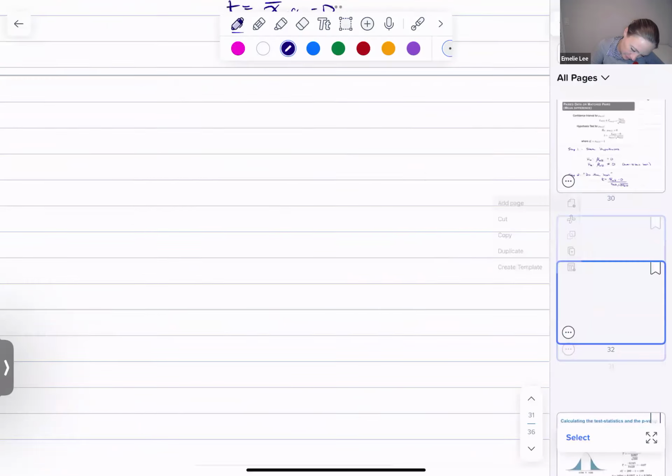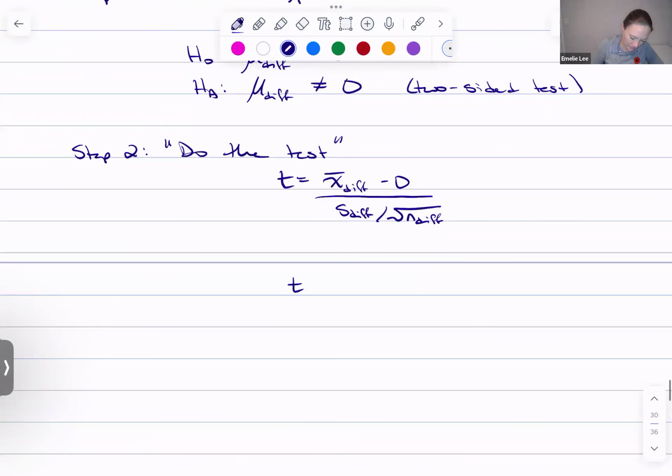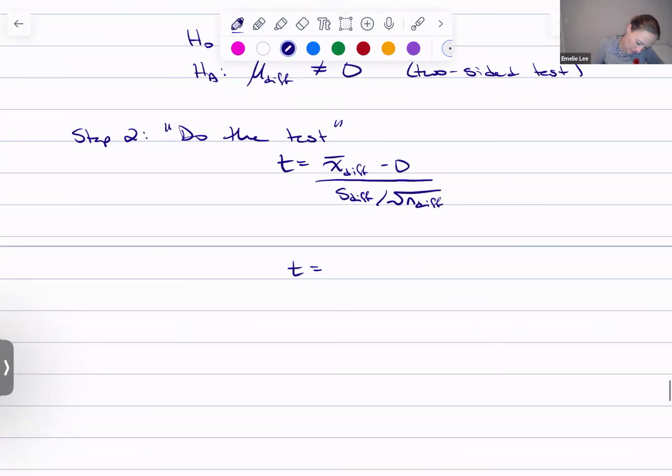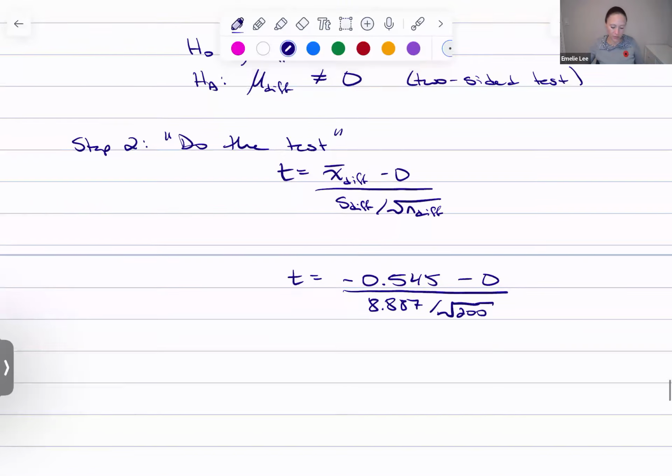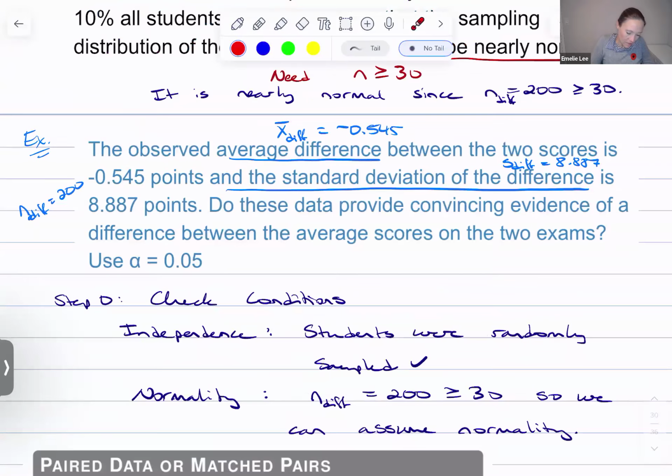So we have our x bar diff, which I want to say was negative 0.545, minus 0, divided by 8.887 divided by the square root of 200. Let me just confirm those numbers here. Negative 0.545 and 8.887. Good. Nailed it.